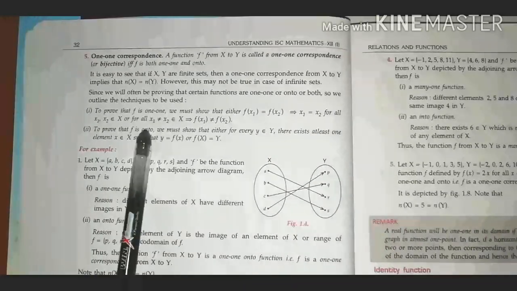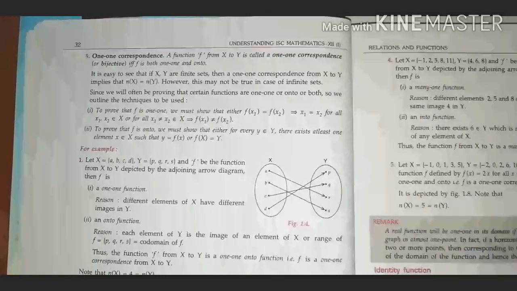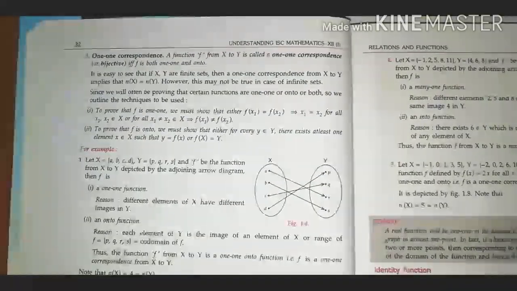Otherwise, we can prove it this way: if x1 is not equal to x2, that is, if two elements are different, then you have to prove their corresponding images are different. Like that we can prove one-one.